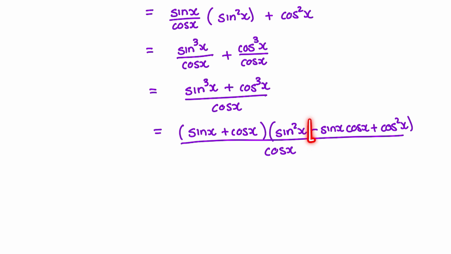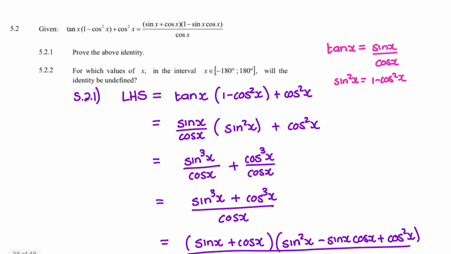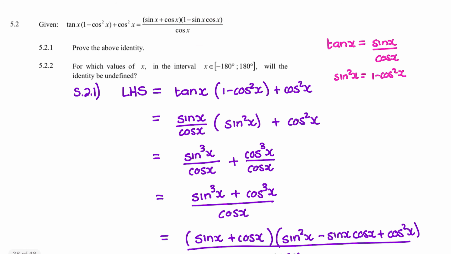Now for the middle term, I multiply the terms in the first bracket and I change the sign. So this is a positive multiplied by a positive, and that is sine x times cos x, and I change the result to a negative result. Now if I compare it to my right-hand side, can you see it is pretty close?